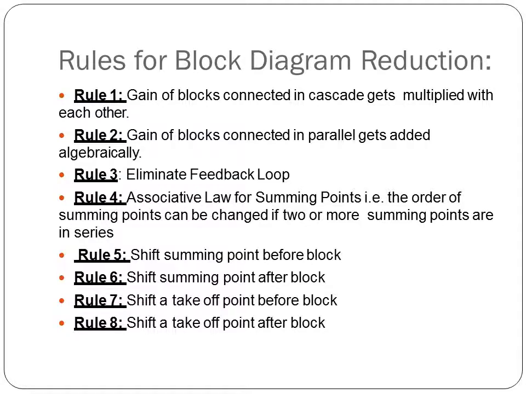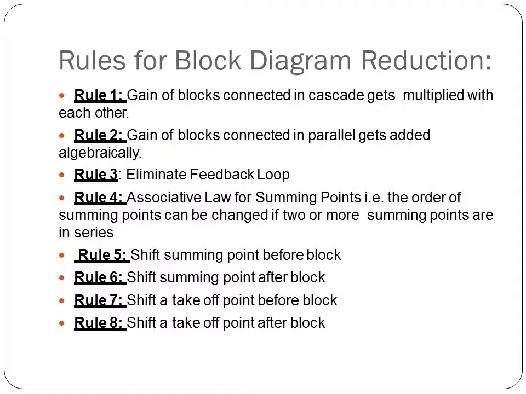The first rule is gain of blocks connected in cascade gets multiplied with each other. So if there are two blocks having gain G1 and G2 connected in cascade, then overall gain becomes G1 into G2. Second rule is gain of blocks connected in parallel gets added algebraically.